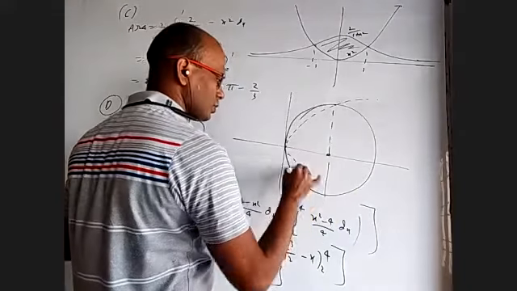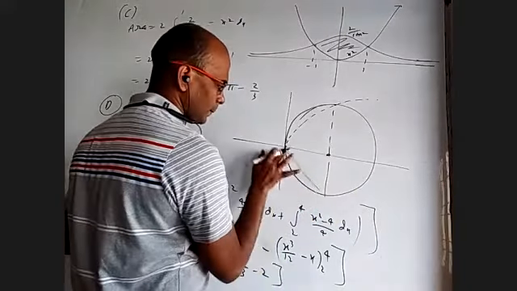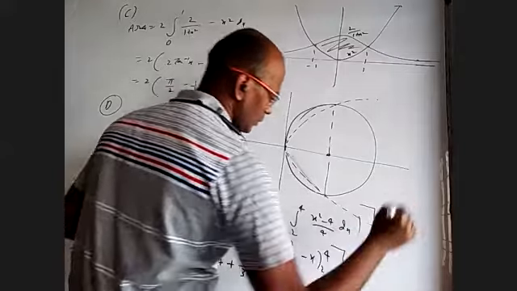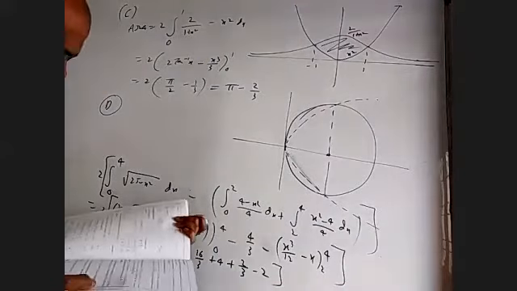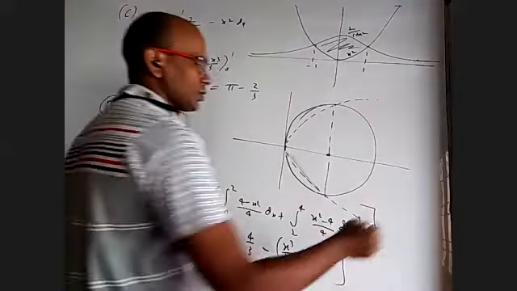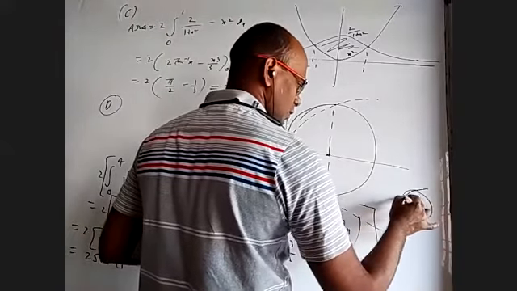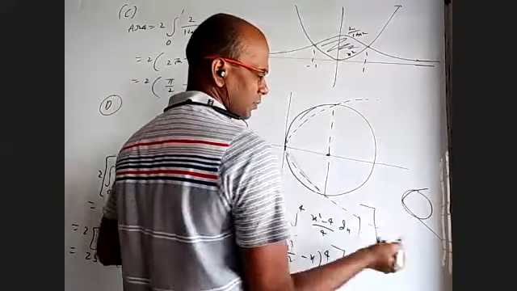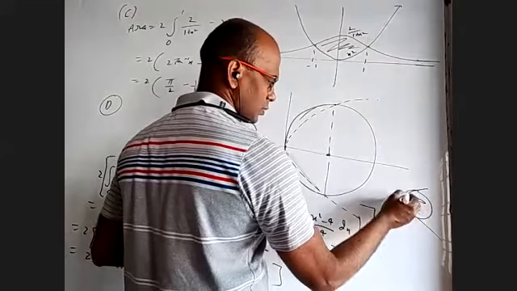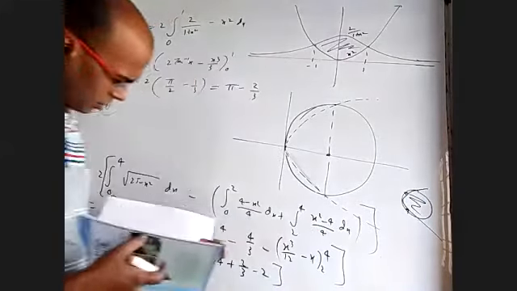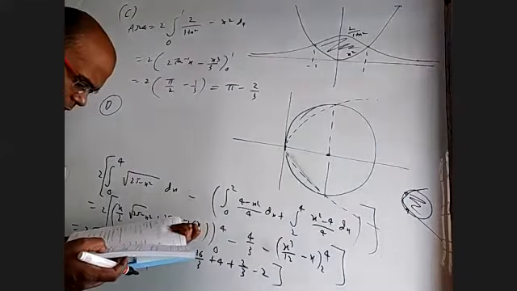So this is your parabola. They just give two curves, that's all. So one is a circle and one is a parabola. What is the area bounded by them? You can say this one, this one, or this one. I think some clarity on that is required.